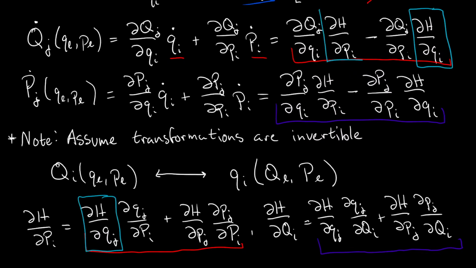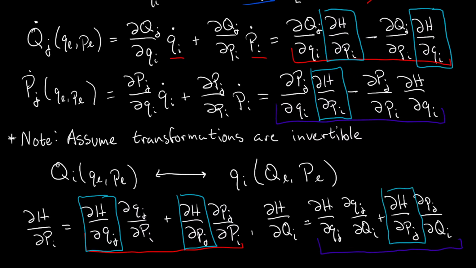Similar here and here. And similar for the P dot equation, so I have the dH dP sub I, dH dP sub j, and the same thing here.